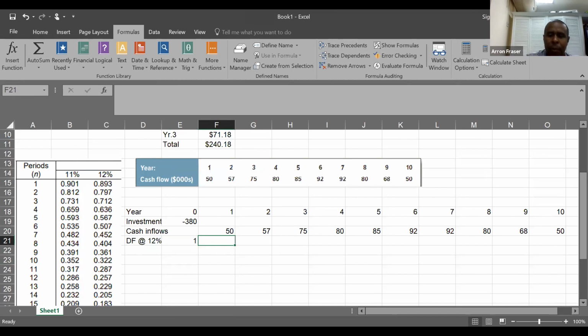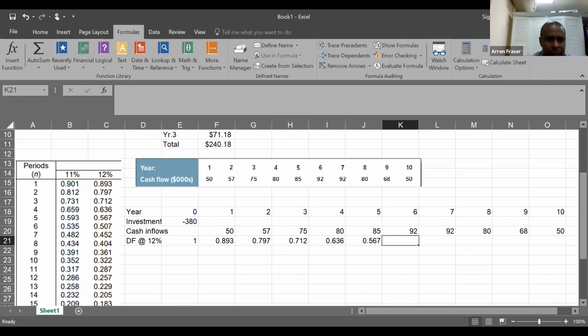So you say 0.893. Period two would be 0.797. Period three would be 0.712. Period four would be 0.636. Period five would be 0.567.